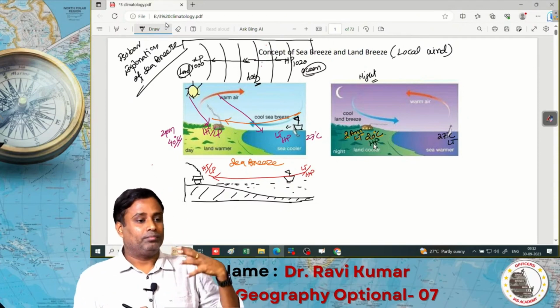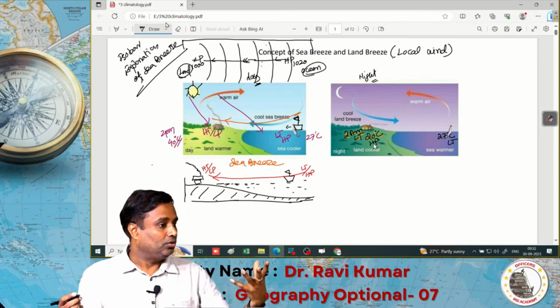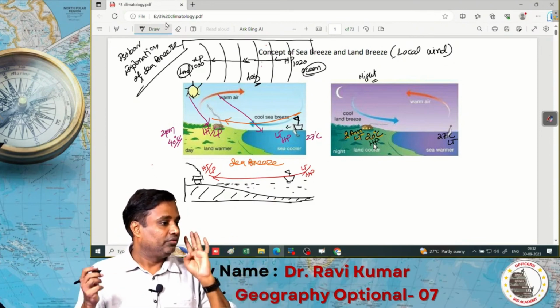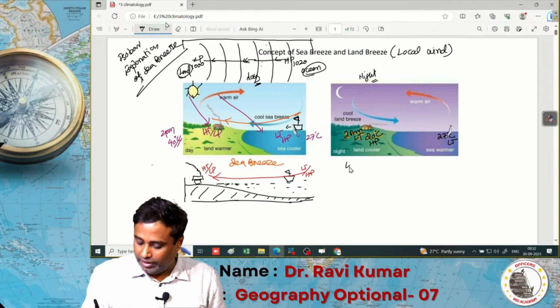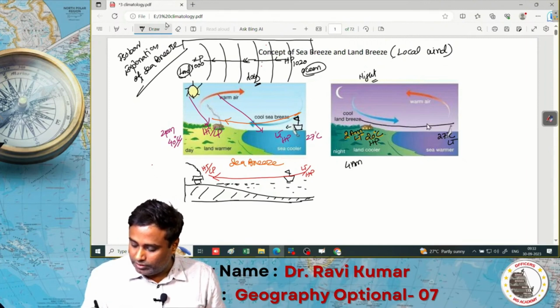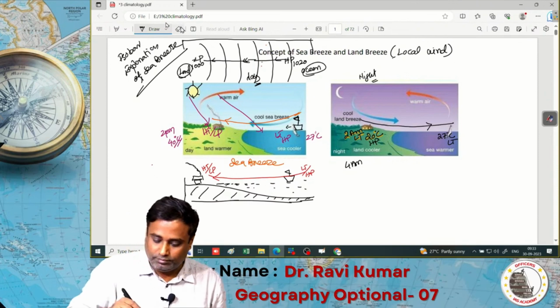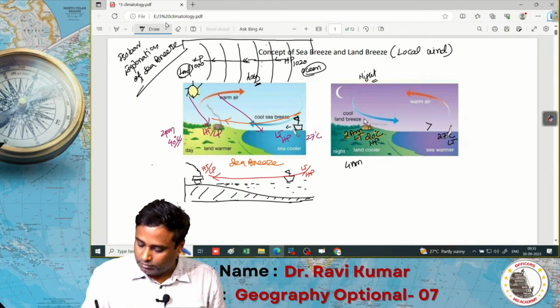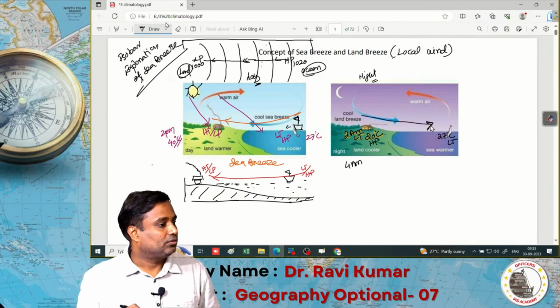So winds will flow from high pressure to low pressure, from land to sea. Early morning, 4 a.m., wind flows from land to sea. So it is called land breeze.